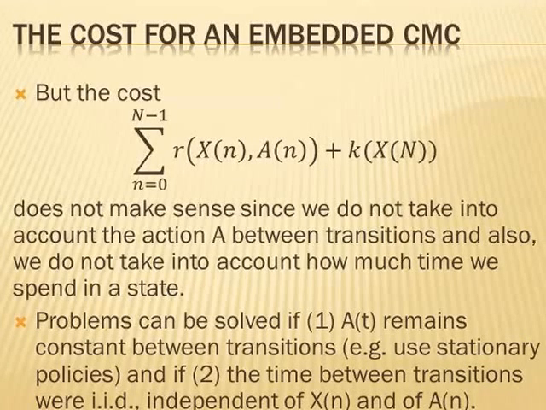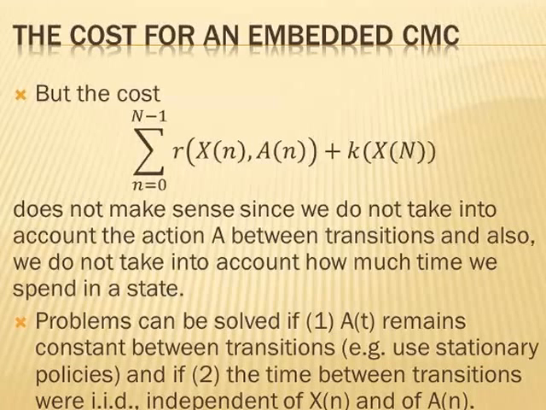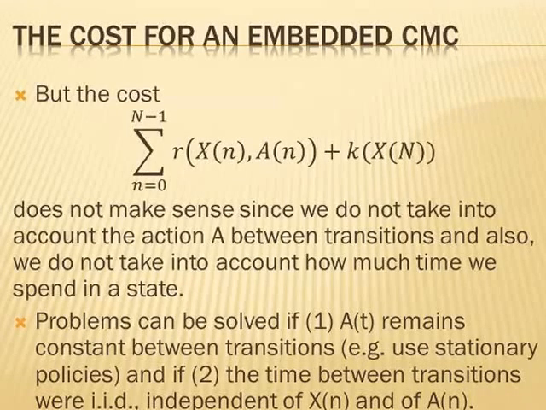Secondly, there is a problem with the fact that it doesn't take into account the length of transition. So if we are in a state which is very, very expensive, but we stay very, very little time, it will not distinguish between this and another one in which we pay the same thing, but we stay a very long time.